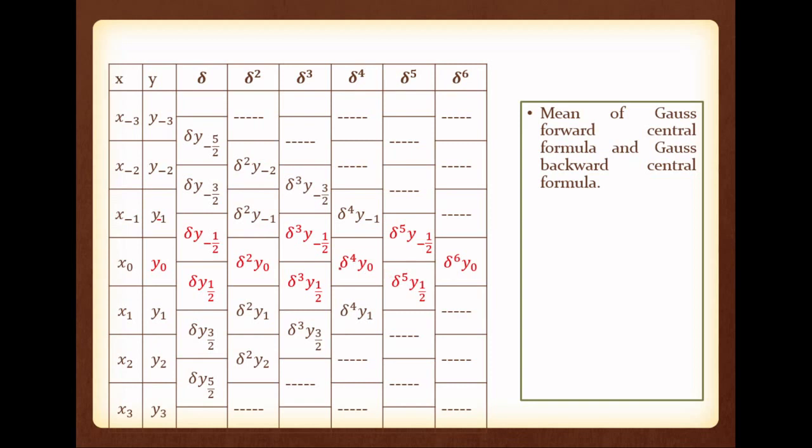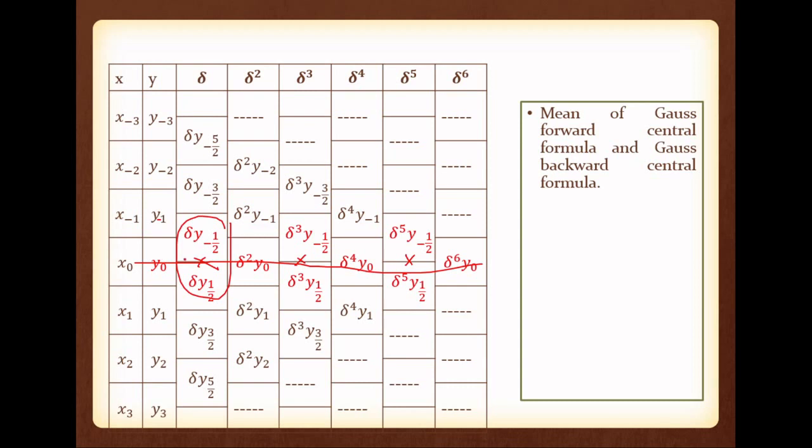So in all central interpolation methods, we are using the center data. This one is the center data, but here the central data is missing. In the Gauss forward method, wherever the data is missing, we are using the next one. In the Gauss backward method, wherever the data is missing, we are using the previous one. So here, wherever the data is missing, we are using the average of the next data and the previous data.